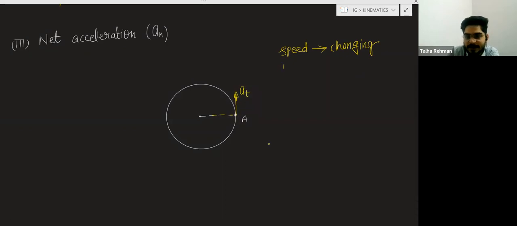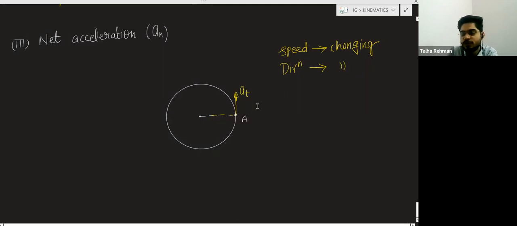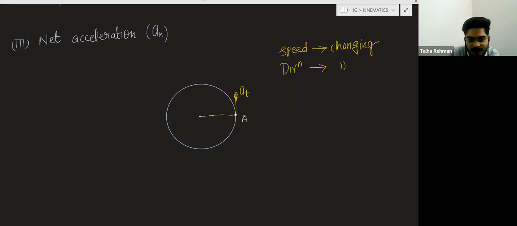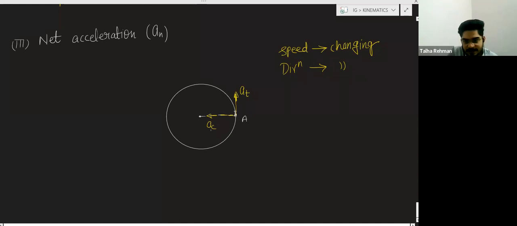And if the direction is changing, then due to the change in direction there will be the centripetal acceleration in this direction. Centripetal acceleration will always be toward the center of the circle. Basically this is tangent and this is normal, so the angle between the tangential acceleration and the centripetal acceleration is 90 degrees.